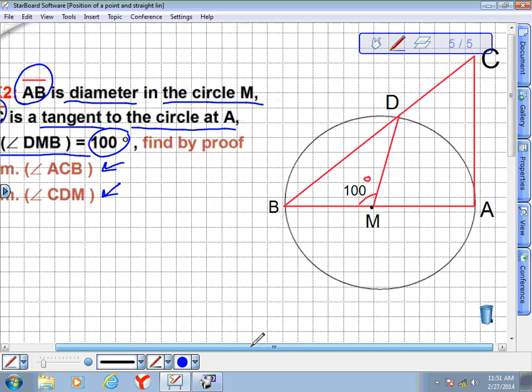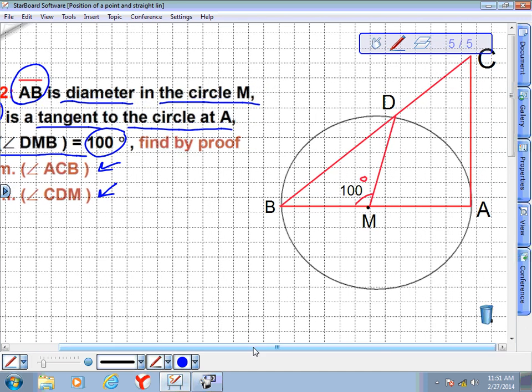We will go to the figure and see that we have here measure angle DMB equals 100 degrees. We know that MD and MB will be two radii in the circle, and they must be equal in measure.